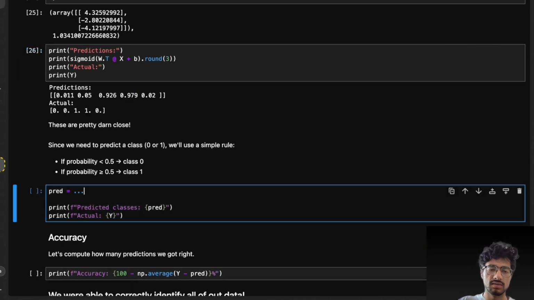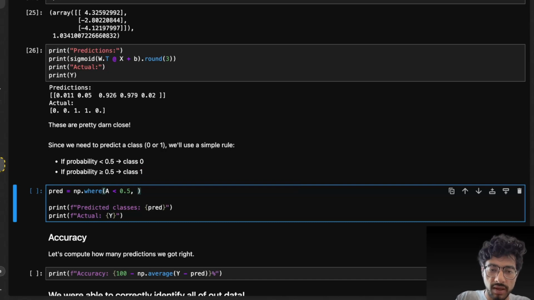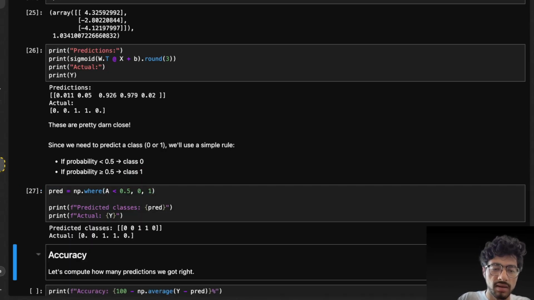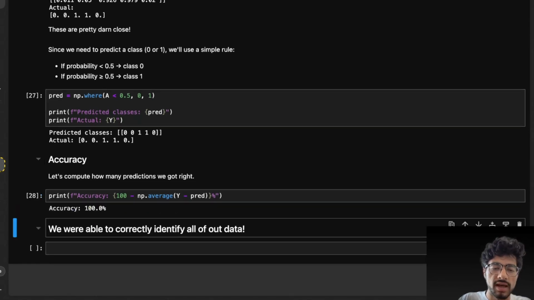So let's use a simple algorithm: anything that's less than 0.5, we make it 0, otherwise we make it 1. And then let's see, 0, 0. Yep. Using that, if we look at the accuracy, we got all 100 percent correct on our 5 training examples.